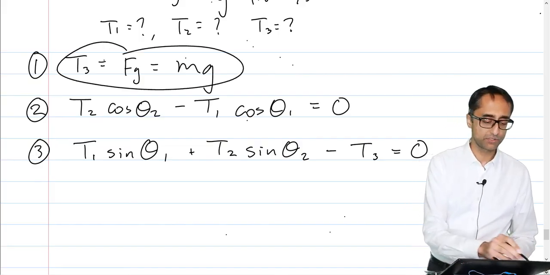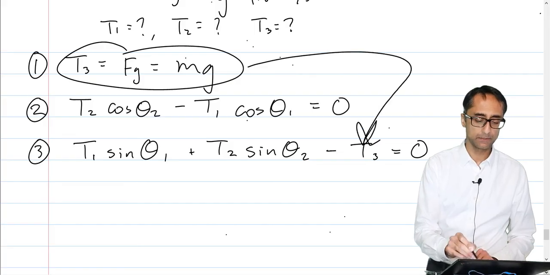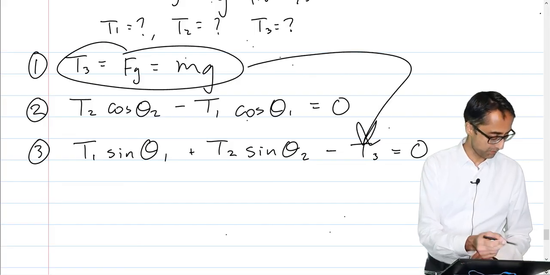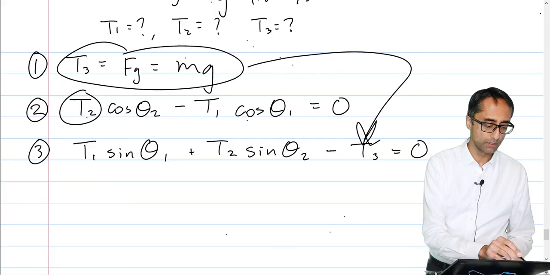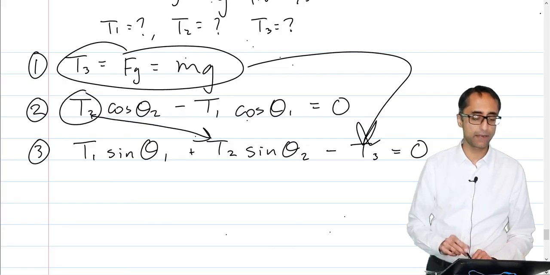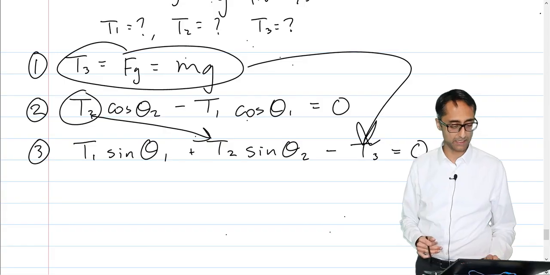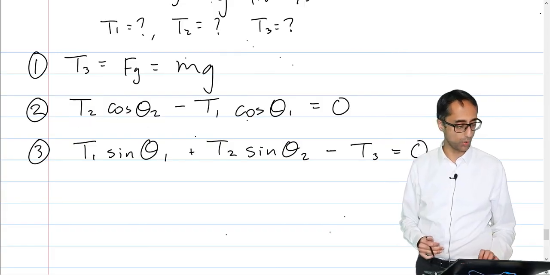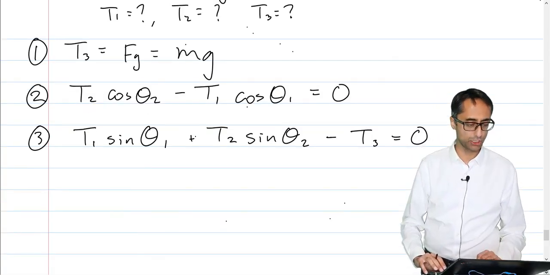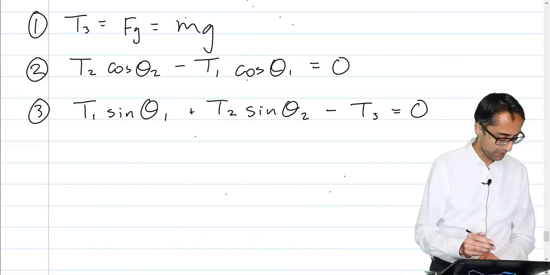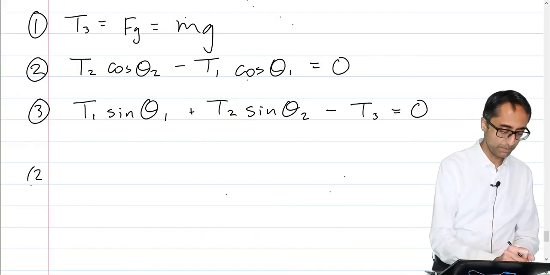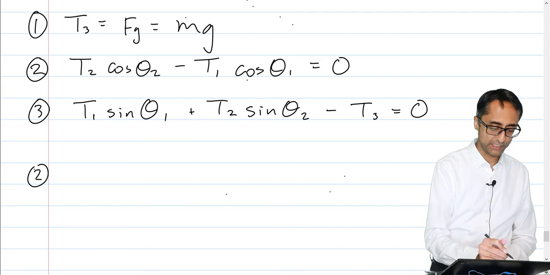So if I substitute T3 into here, and then solve for T2, I can put that into there, and then T1 will be the only unknown left in that third equation. Let's go ahead and give that a shot. So I'll start with equation 2. And I'm going to solve for T2.